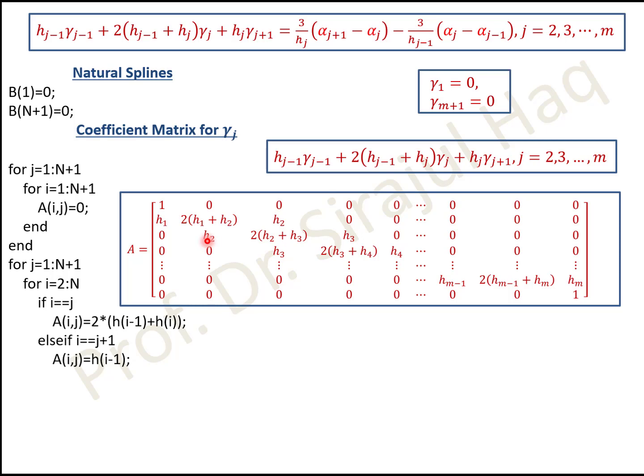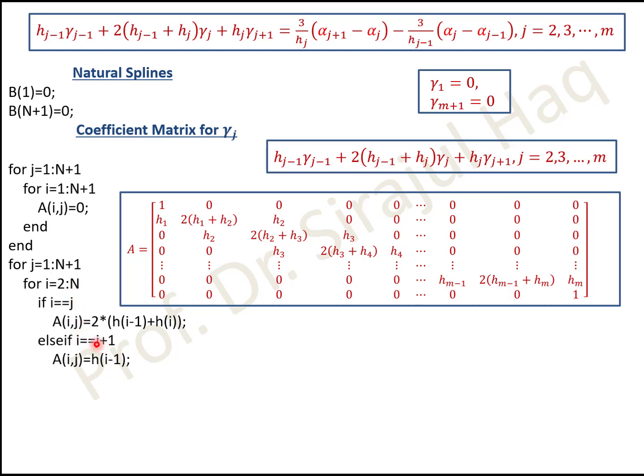And finally, when i is equal to n, we are not going up to n for j. So the final value of i is n. So when i is n, j will be n minus 1.